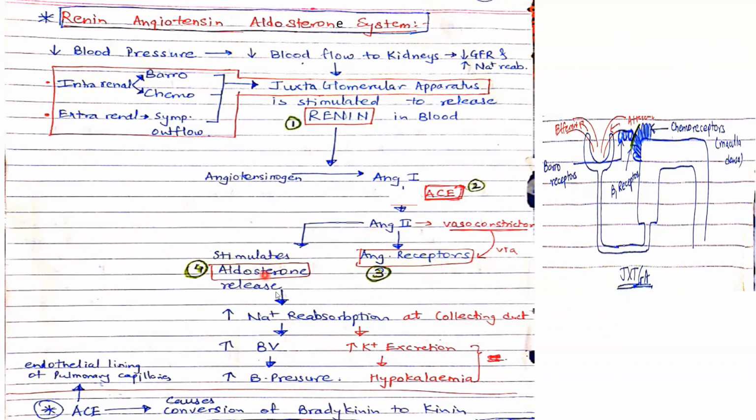Then stimulation of aldosterone release. What if I give some antagonist which will not allow aldosterone to act? Again, I will be able to achieve my goal. So these are the treatment strategies which can be adopted based upon the renin, angiotensin, aldosterone pathway. Okay. So in the next lecture, we will discuss how these strategies help and which are the drugs. Thank you.